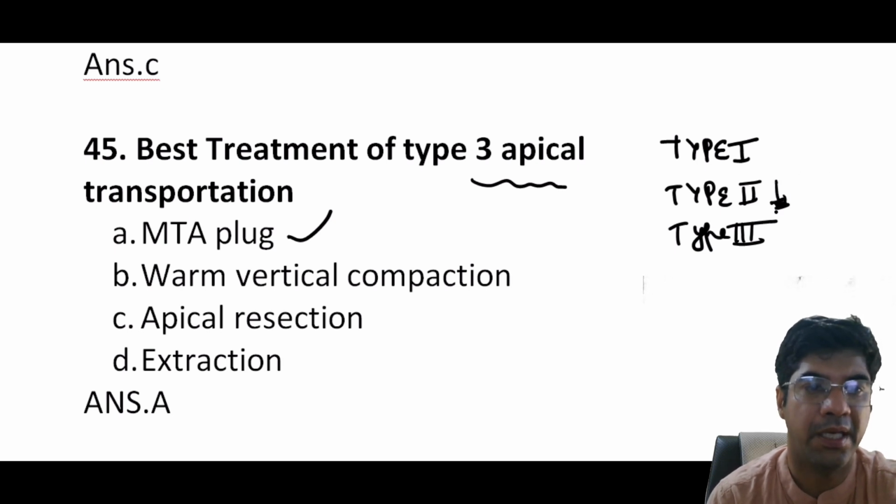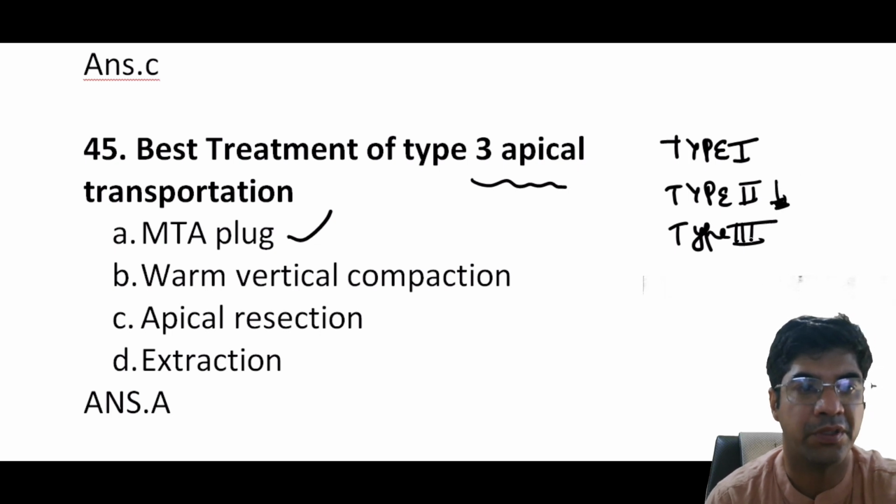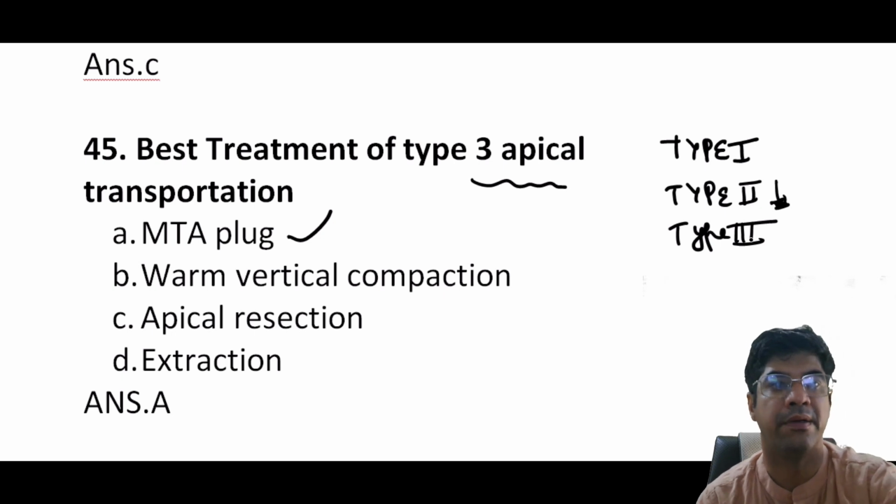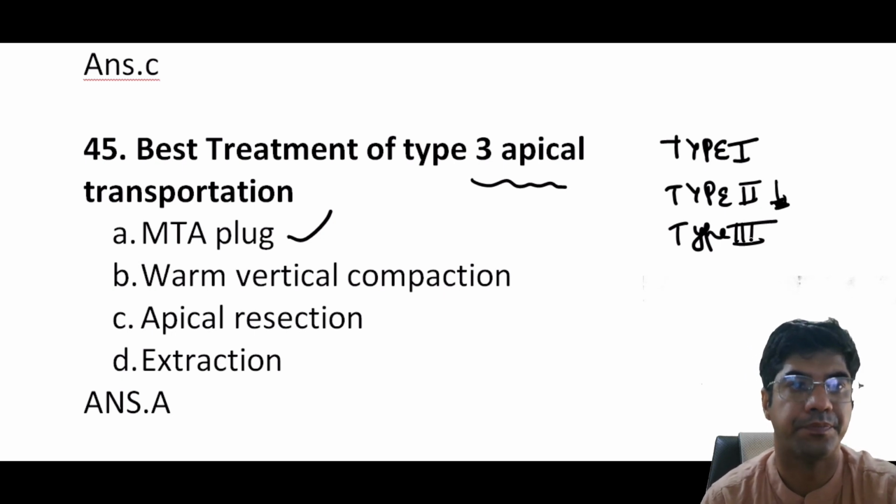And in type 3 apical transposition there is severe movement of the physiological foramen. So these cases require obturation to the best possible extent followed by corrective surgery.